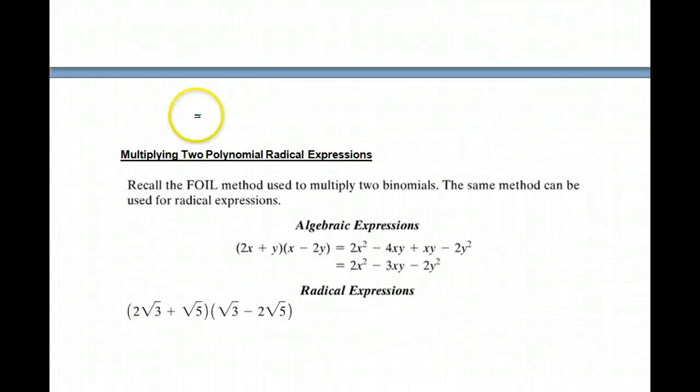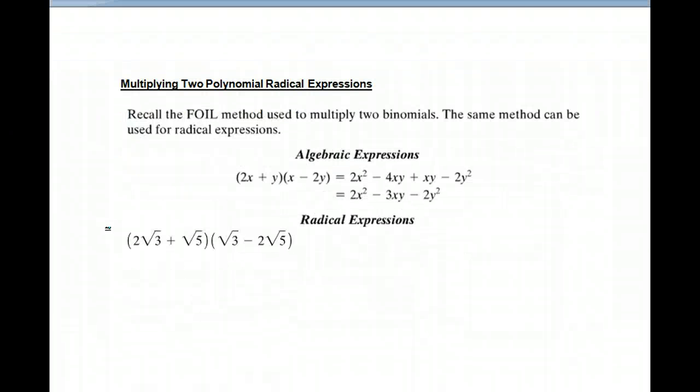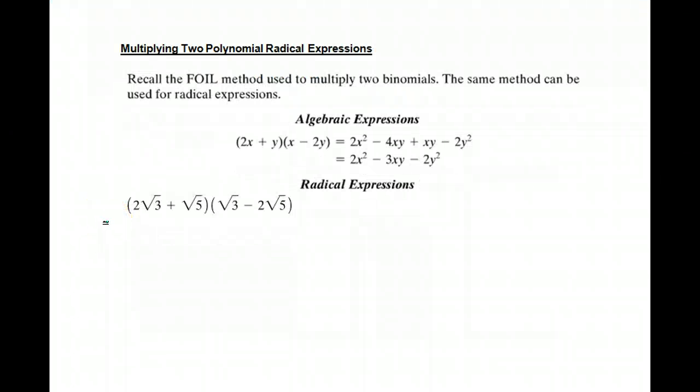The next topic that we're going to work on is the topic of multiplying 2 polynomial radical expressions. Excuse me. And this is going to require us to use the FOIL method that we learned in our last lesson. In our last lesson, we dealt only with algebraic expressions such as 2x plus y times x minus 2y.